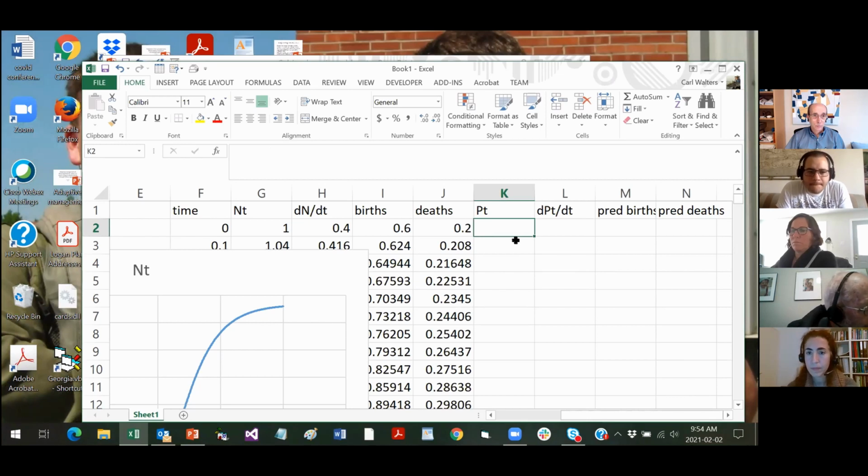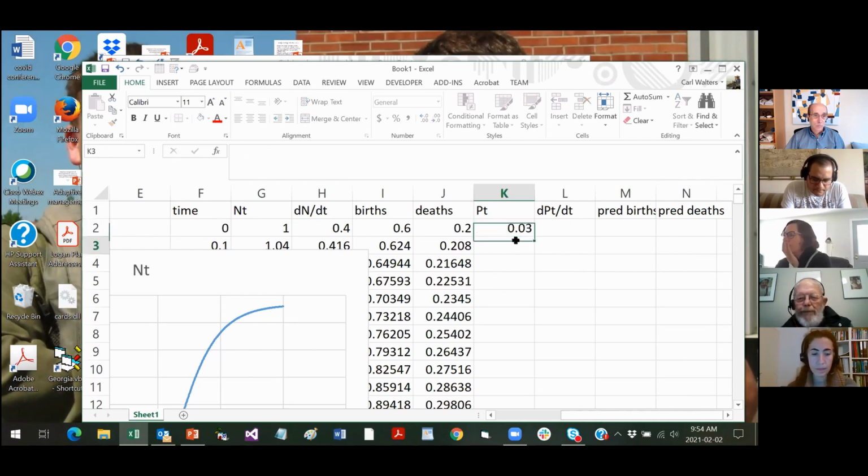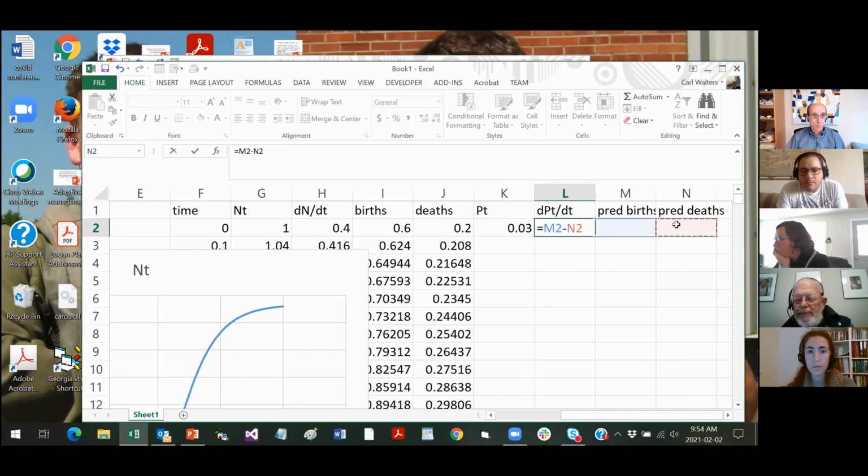What do I want to set for a reasonable number here for predator numbers? I'll set it to 0.03, a low number here. Okay. Now I'm going to make the predator rate of change equal to predator birth rate minus predator death rate.